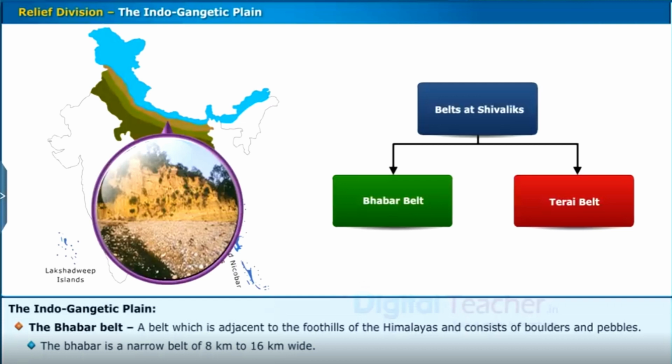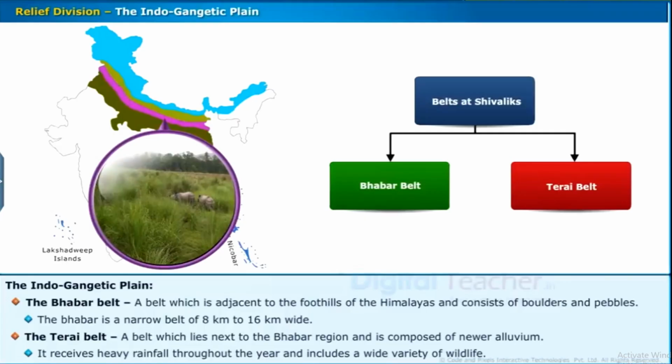Small rivers and streams flow underground through the Bhabar region and reappear in lower areas, forming a swampy wetland. However, owing to migration of people, the Terai zone has now been cleared and used for agricultural operations. Fine alluvial soil is found towards the south of the Terai zone.